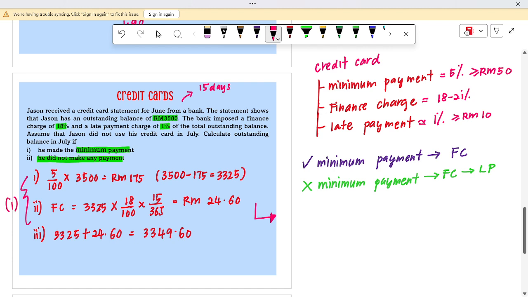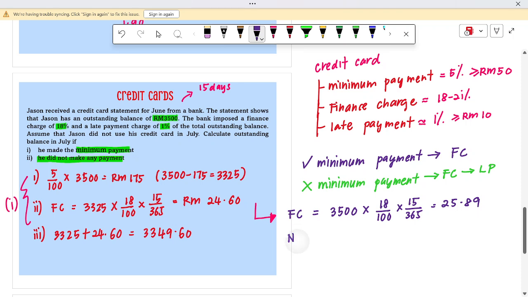Let's calculate here. If you do not make any payment, first step, you need to calculate the finance charge directly. So the finance charge will be 3,500, the outstanding balance, times 18 over 100 times 15 over 365. So your finance charge will be 25 ringgit and 89 cents.